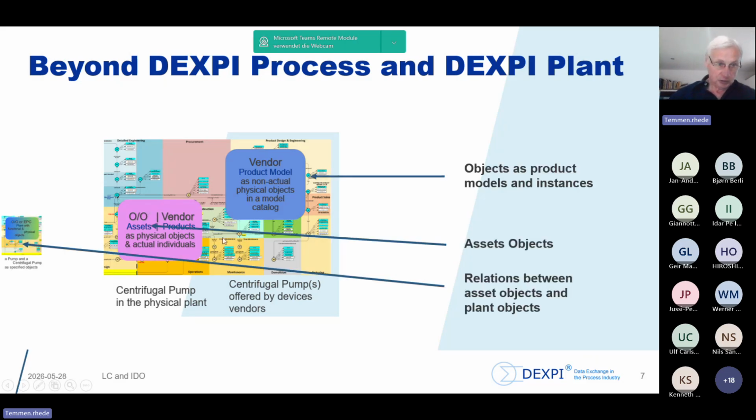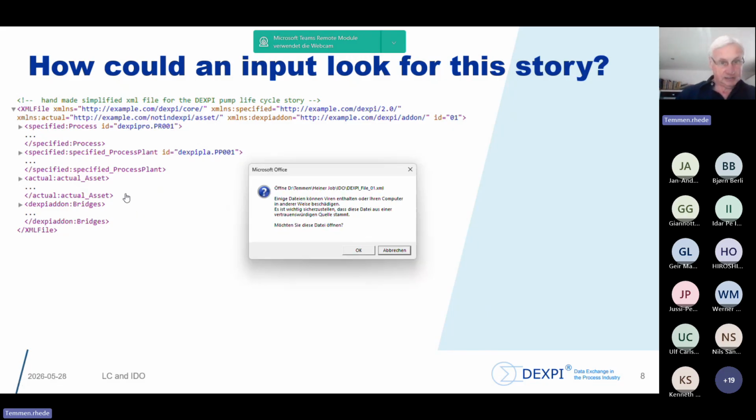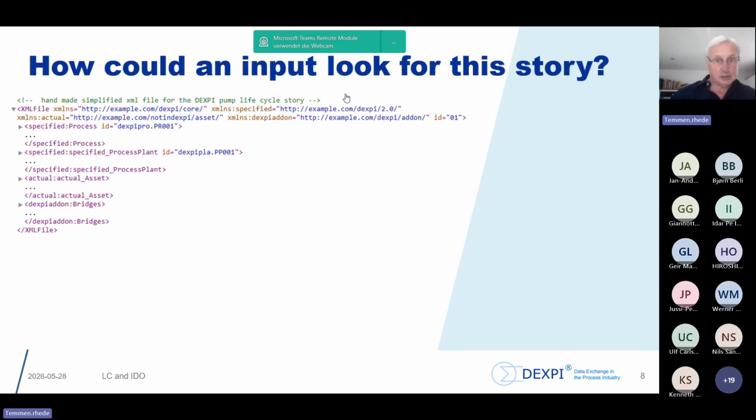And we have to model the assets themselves and the relations between the asset and the plant object. That is part of our whole pump life cycle story. We have this input modeled as an XML file, and I will show a little bit about that.